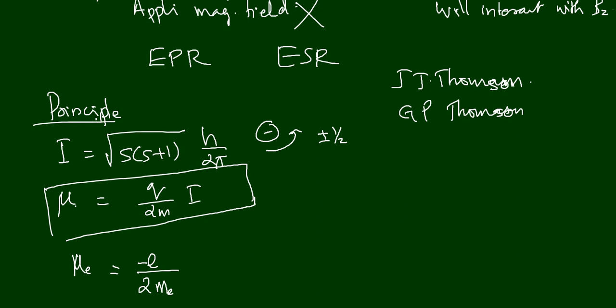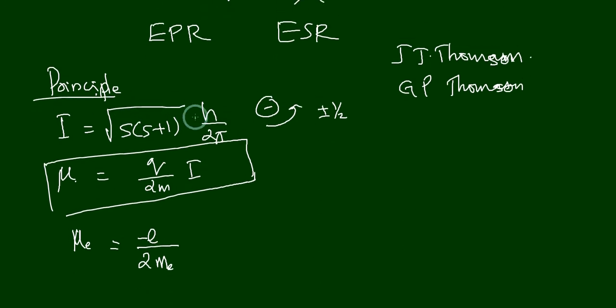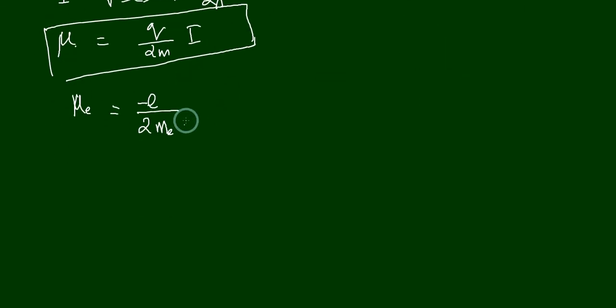So I is equal to root of s into s plus 1 into h divided by 2 pi. That is the magnetic moment.